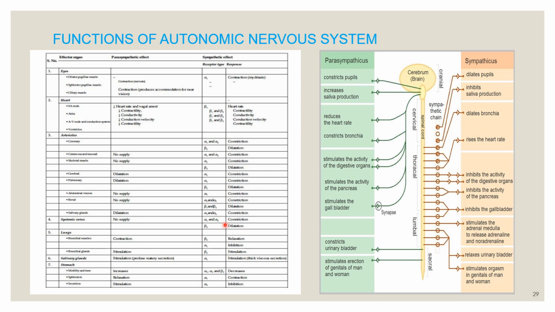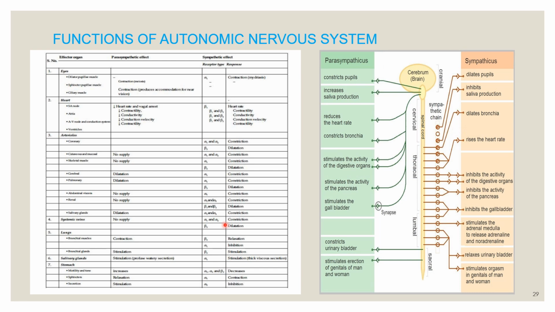Urinary bladder is having a muscle, the detrusor muscle, which contracts upon parasympathetic stimulation, and because of sympathetic stimulation it relaxes through beta 2 receptors. Sphincters will relax because of the parasympathetic innervation, and because of the presence of alpha 1 receptors in the sphincters, they will contract on sympathetic stimulation.